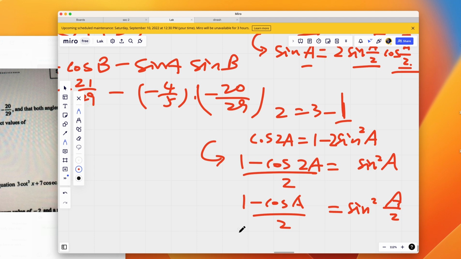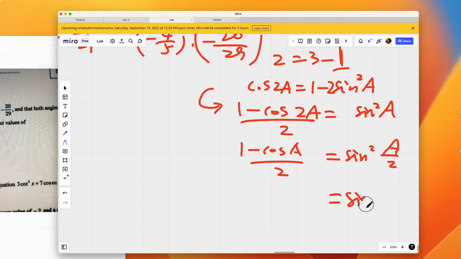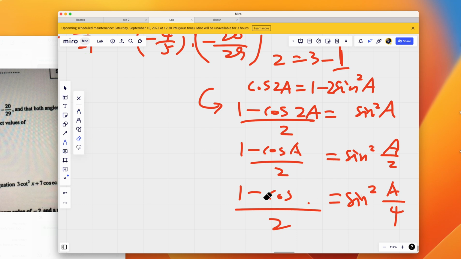If this is A over 2, this has to be A. In fact, if I give you sine square A over 4, can you guess what this is? 2 over 4A. Half. Yes. You understand or not?